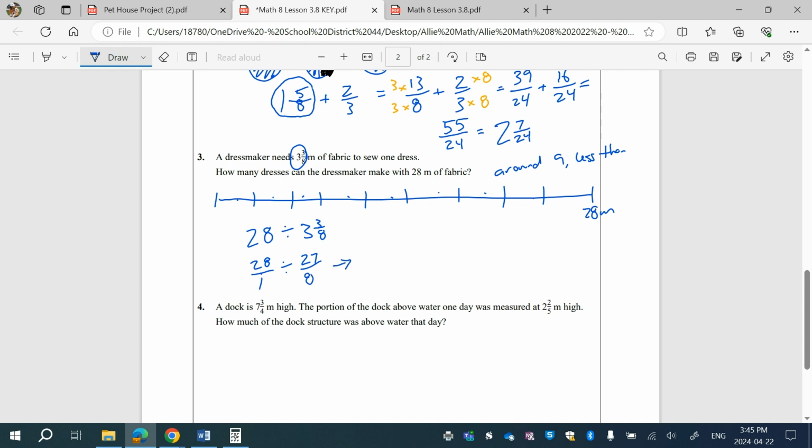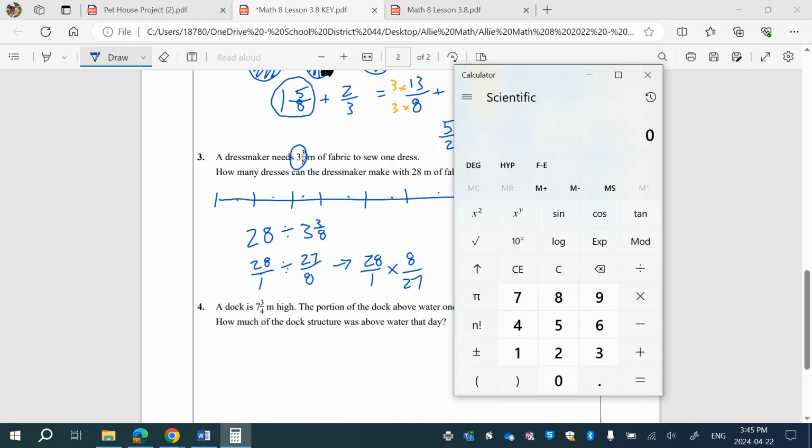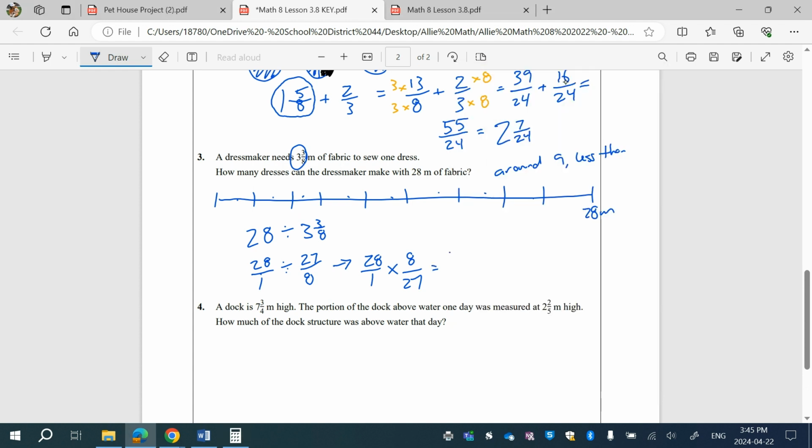Now let's keep, change, flip. 28 over 1 times 8 over 27. I don't think we can cross reduce, so let's do it. 28 times 8 equals 224 over 27.